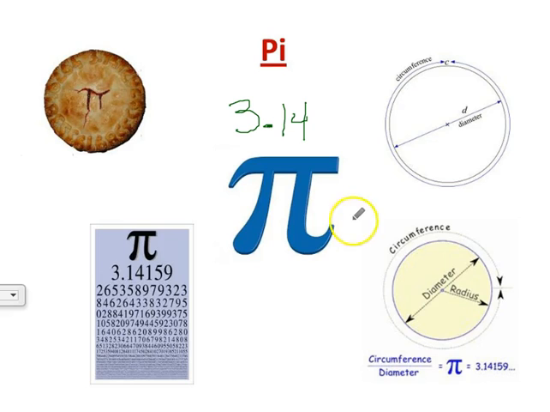Just so that we know what pi is, if you take the circumference of any circle and divide it by the diameter, that's how we get pi. That's how we get that number 3.14159, and then it keeps going and going. It's a non-terminating decimal. To get that number, we divide the circumference over the diameter. That's how we come up with pi.